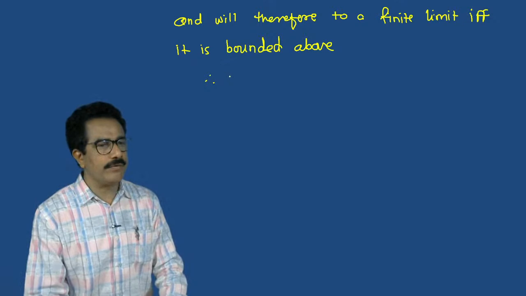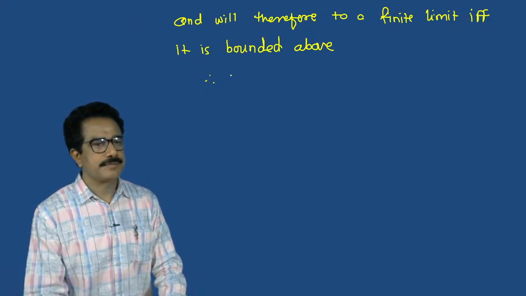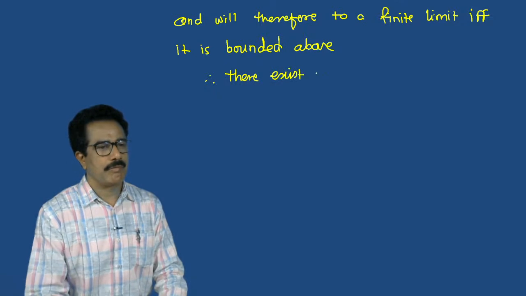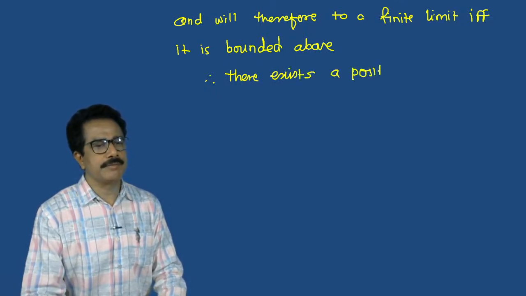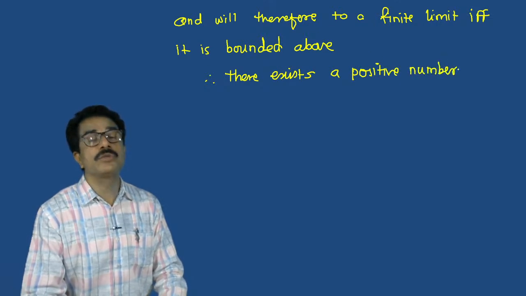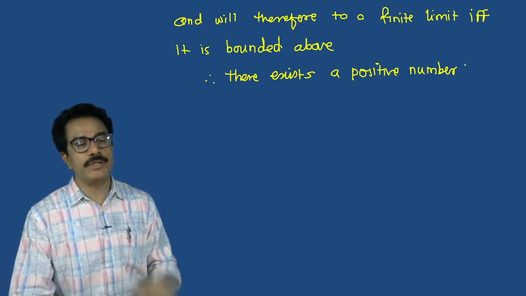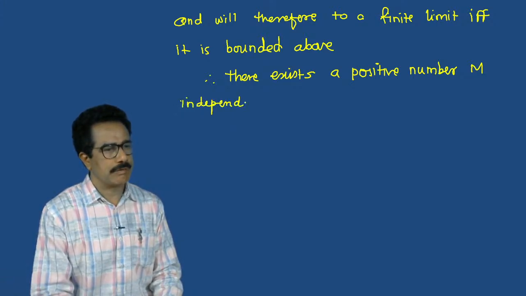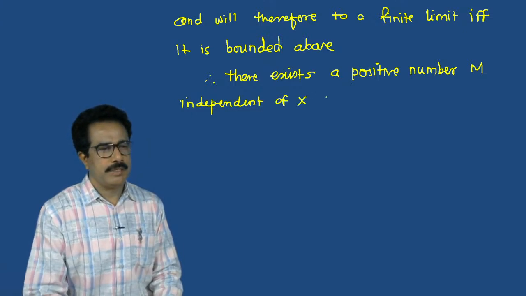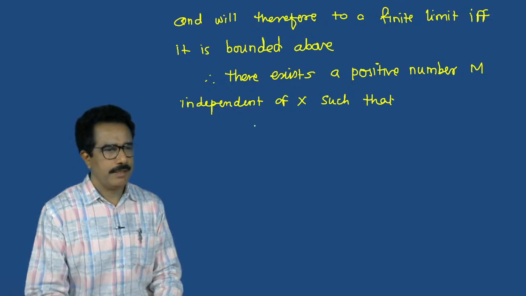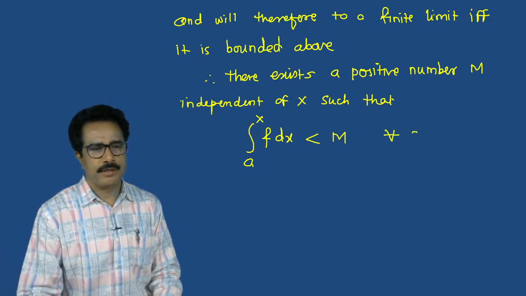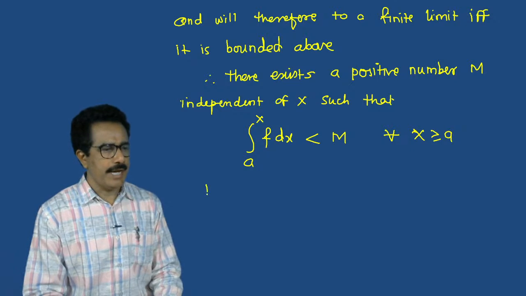So there exists, according to the definition of monotonic increasing and bounded above, a positive number capital M independent of x such that integral from a to x f dx is less than M for all capital X greater than or equal to a, and hence proved.